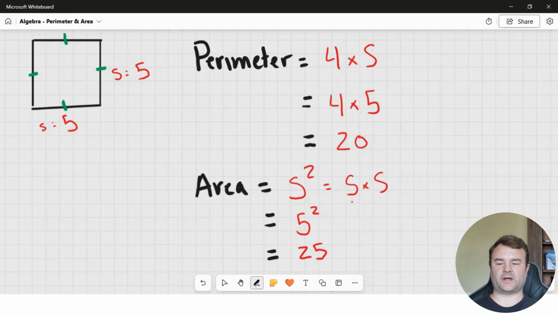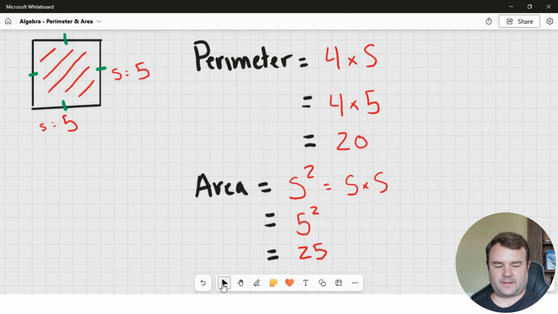So 25 squared units fit within this square here. So you can say that the area of this square is 25 units squared. It can be 25 feet squared, 25 meters squared, 25 centimeters squared, and so on and so forth, whatever unit of measure you're using. All right. So that is perimeter and area for a square. So let's move on to the next shape.